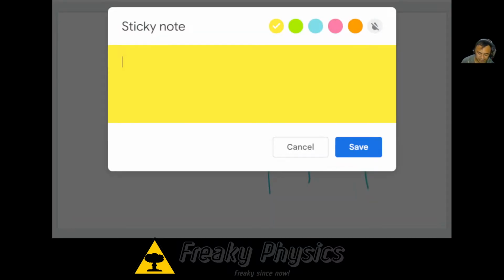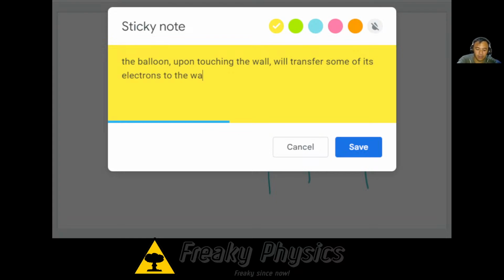The balloon, upon touching the wall, will transfer some of its electrons to the wall. This makes the balloon eventually lose its charge, and when it does, it's going to float away.